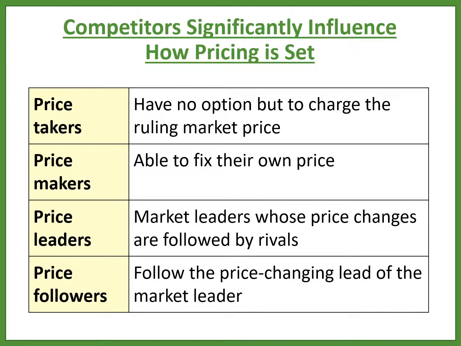Maybe they've got exclusivity, or they are the leading brand, and they are able to just put whatever they want. Then there's price leaders whose price changes are followed by rivals, and then price followers will follow the price changing lead of the market leader themselves.